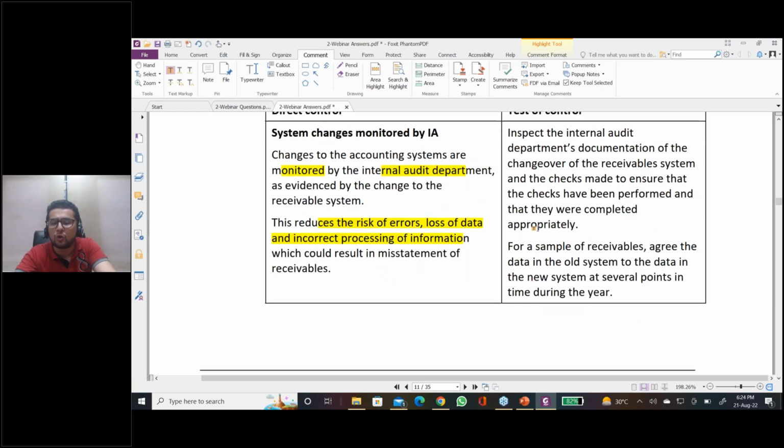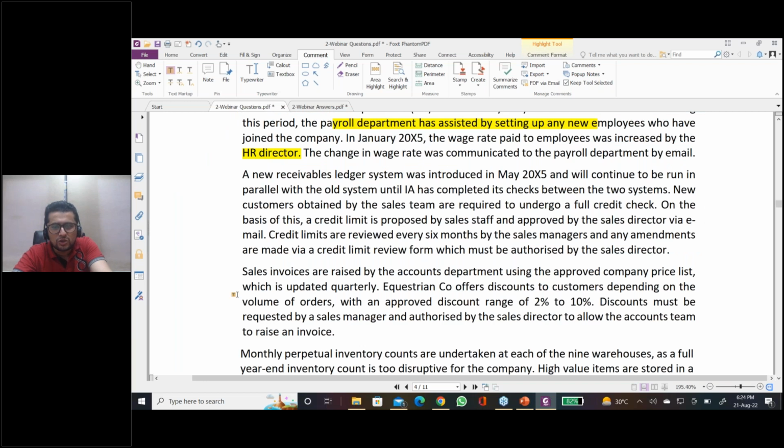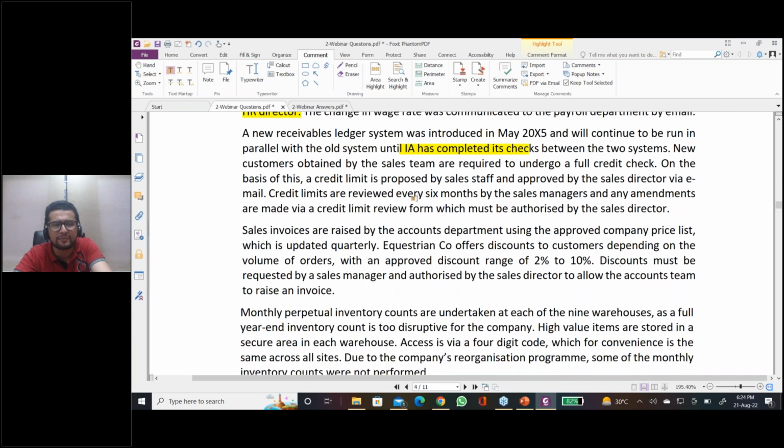Well, for the test of control, you can select a sample of receivables and agree the data in the old system to the data in the new system at several points in time during the year. Make sure that both systems are reconciled at any point in time. So that was the first key control, that the internal audit department is performing check and balances.